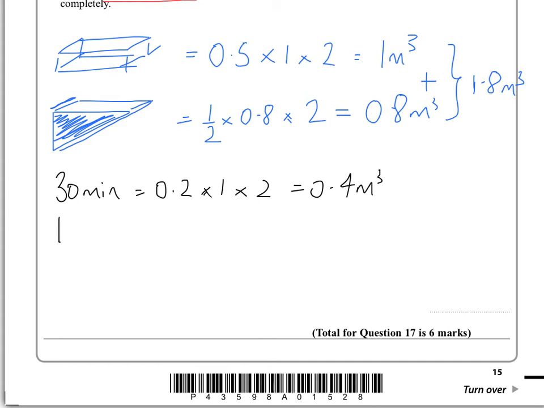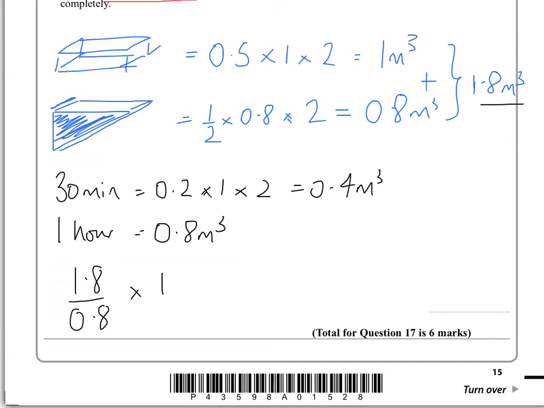So in 1 hour, the amount that would go down would be 0.8 meters cubed. So we know the rate at which it goes down. What we then need to do is work out, if 0.8 goes down in 1 hour, how long would it take for 1.8 to go? So we say 1.8 divided by 0.8 multiplied by 1.